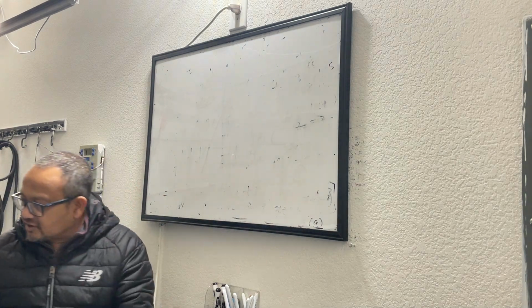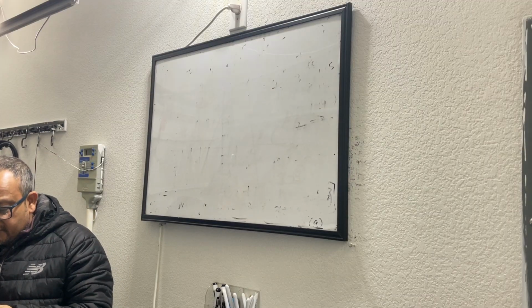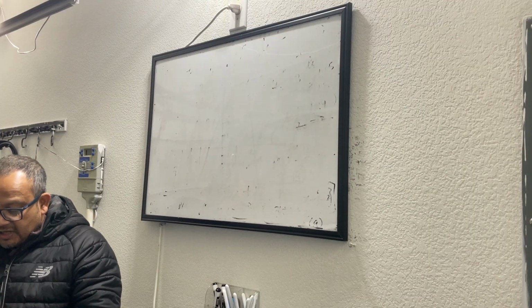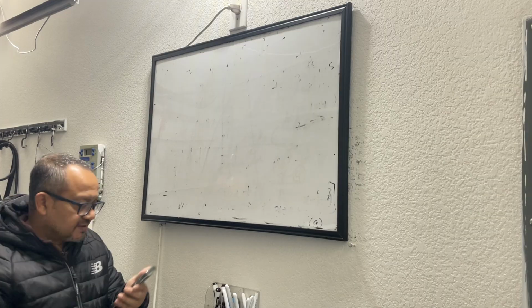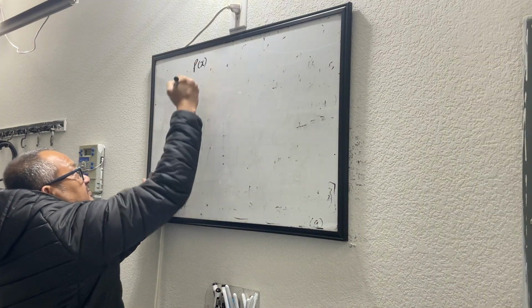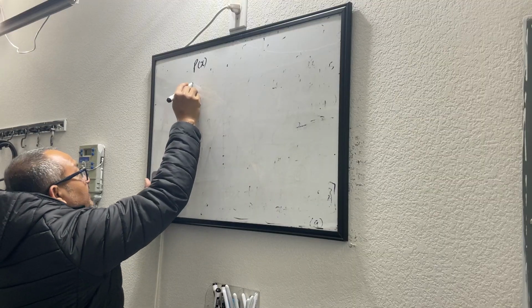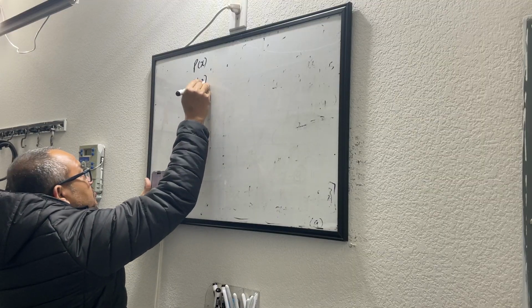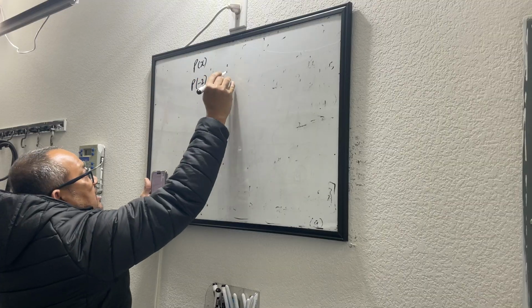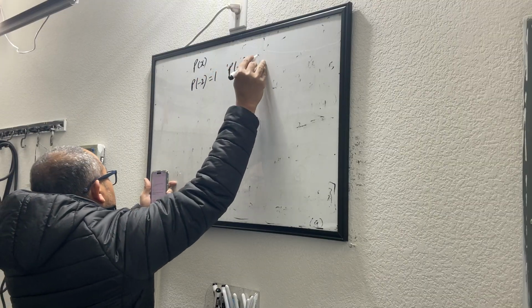Now the next question, or the last question for the class. P of x is a polynomial here. Here are a few values of p of x. P of minus 2 equals 1. P of minus 1 equals 3.